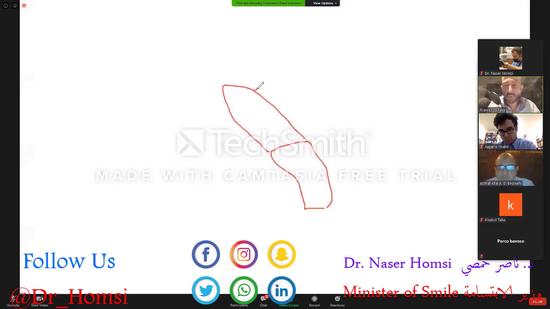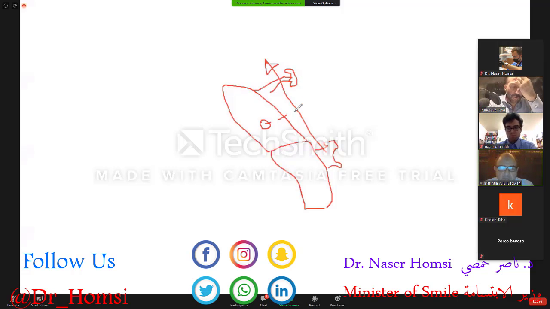Due to the mini screw being buccal to the center of resistance, there is the possibility that the force acts buccal to the center of resistance, and the incisors could go proclined, could flare. Yes. Thank you.